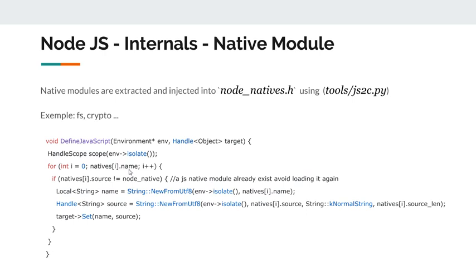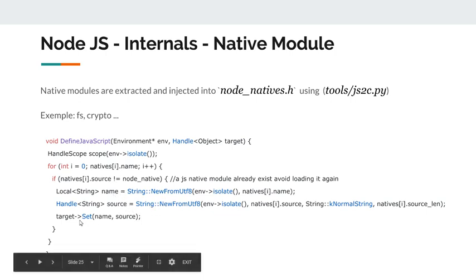Because each script or module has its distinct name, you don't have to worry about naming collisions. We get the source code and set it directly inside our Node environment. Notice that it is not compiled yet.